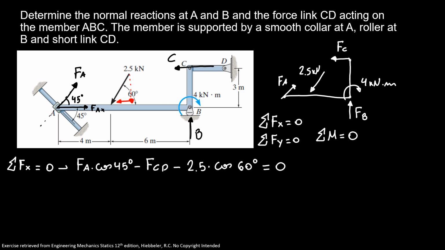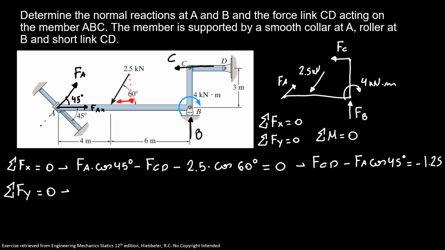So here I have FCD minus FA cosine of 45 degrees is equal to minus 1.25 kilonewtons.